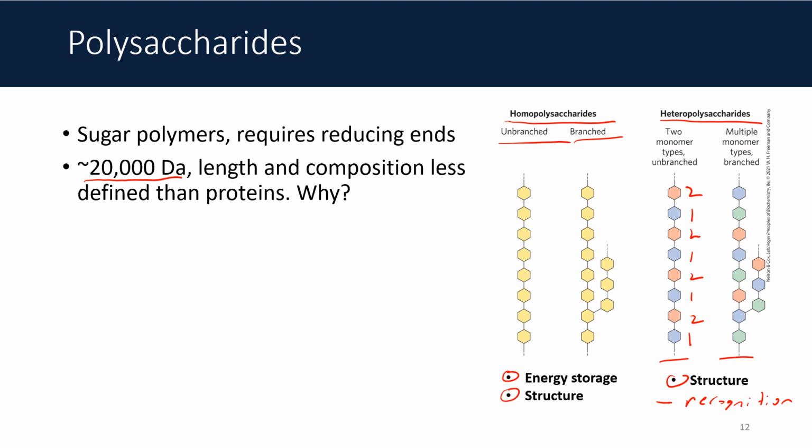So here's something else I'd like you to mull over. Consider the primary sequence options we have for polysaccharides and compare them to the primary sequence of a generic protein. There's lots of ways to make a polysaccharide. Branches, no branches, they can be homo, they can be hetero. We don't have the same degree of flexibility with proteins.